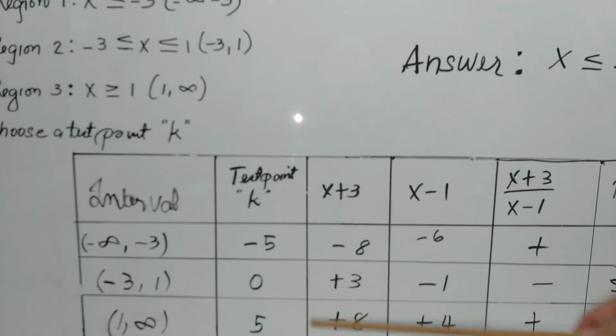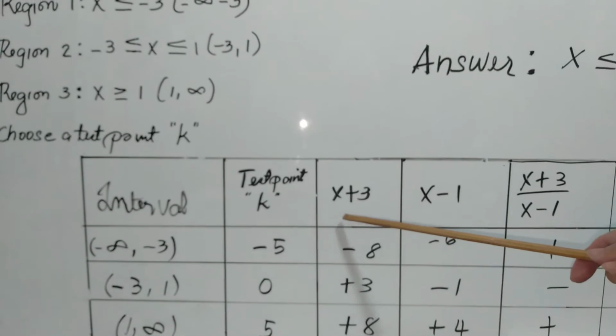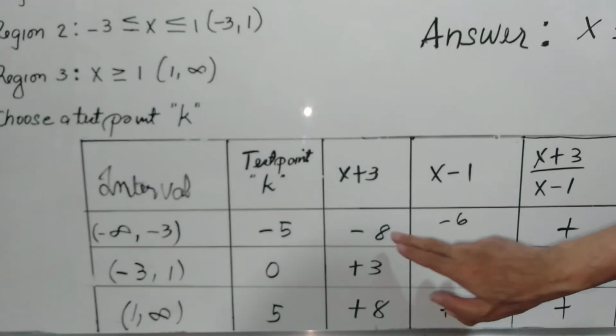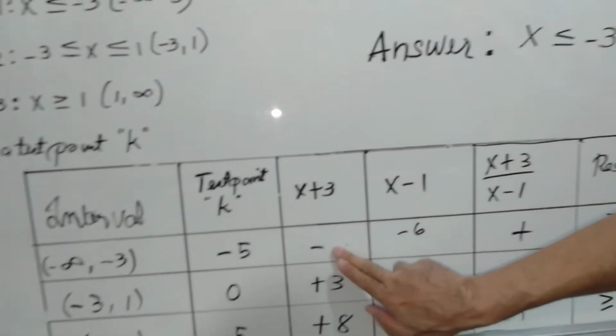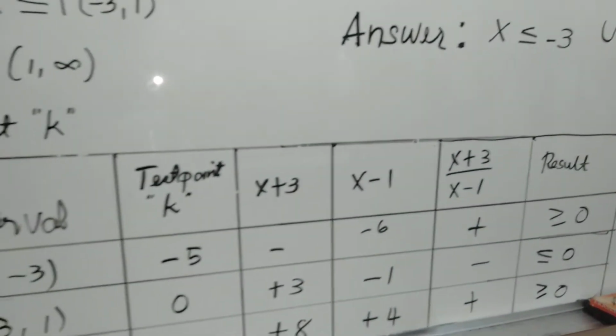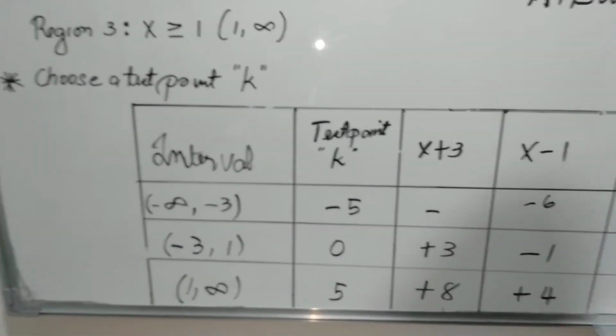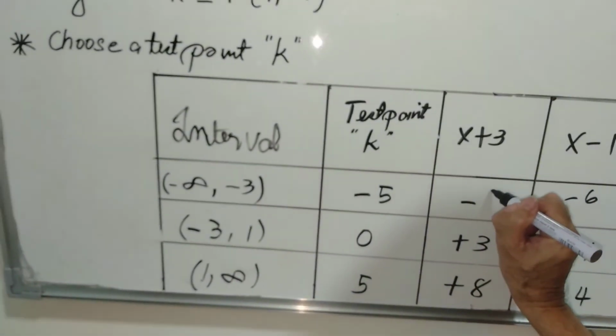So negative 5 plus 3 will be negative 2. So we get this one point here, negative 2.